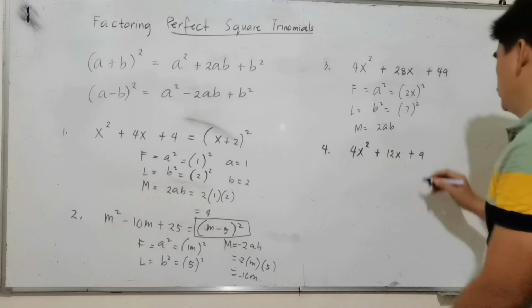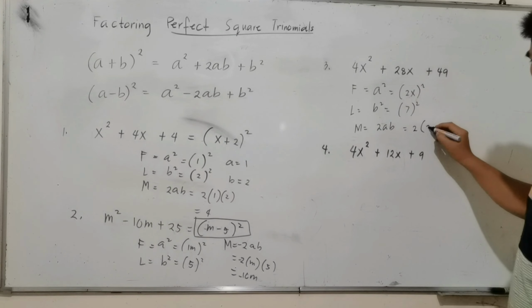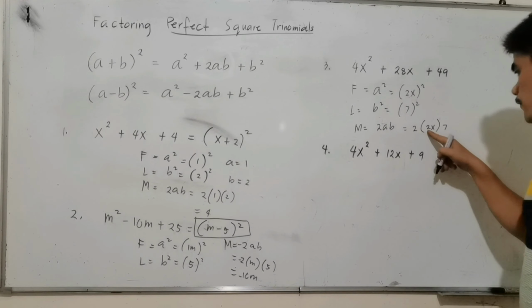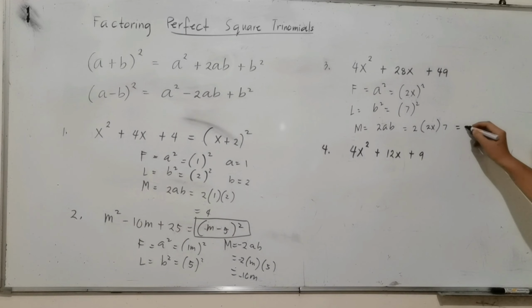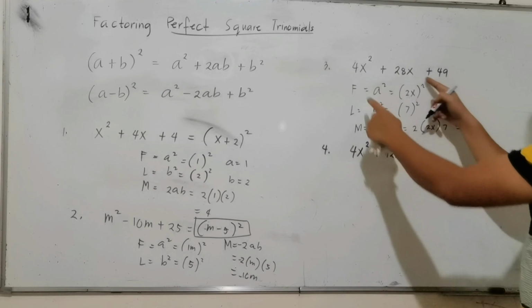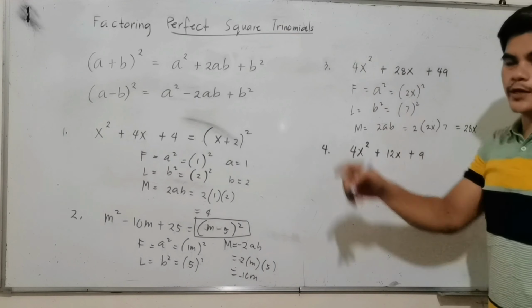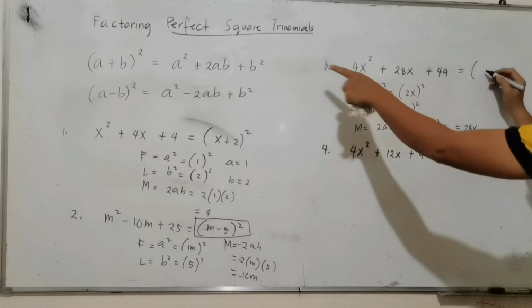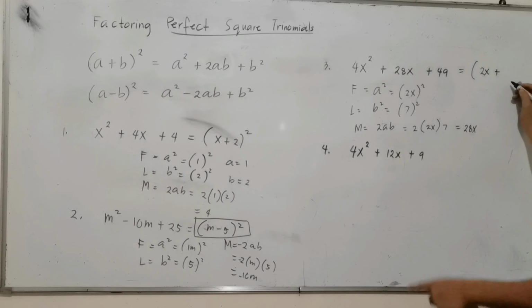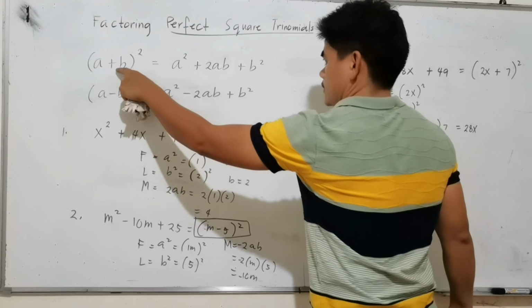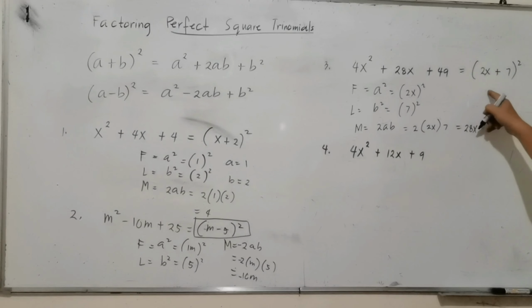So we have 2, a is 2x, b is 7. Therefore 2 times 2 is 4, times 7 is 28, so the middle term is 28x. Therefore we can say that this trinomial is a perfect square trinomial, so we can solve it directly. We have (a, 2x, plus b, 7) squared. That is (a plus b) squared, the factor of 4x squared plus 28x plus 49.